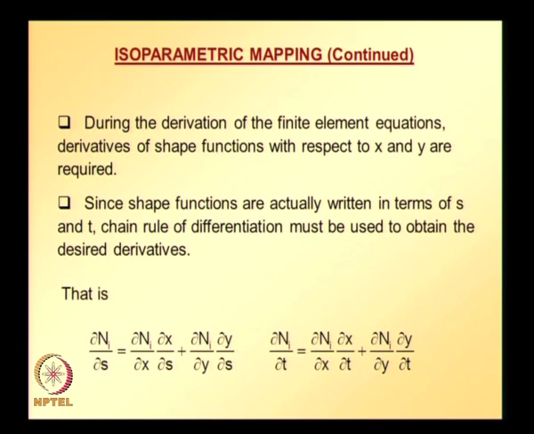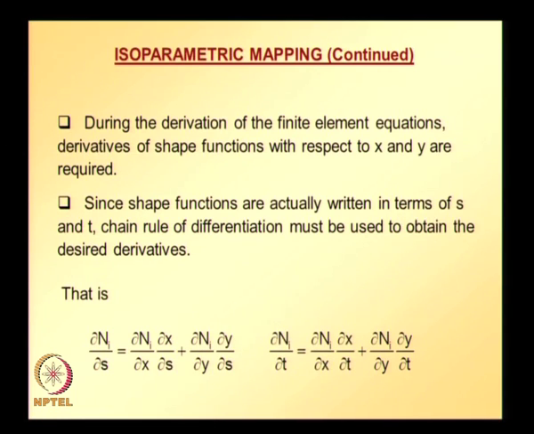Similarly, partial derivative of shape function with respect to t is equal to partial derivative of shape function with respect to x times partial derivative of x with respect to t plus partial derivative of shape function with respect to y times partial derivative of y with respect to t.